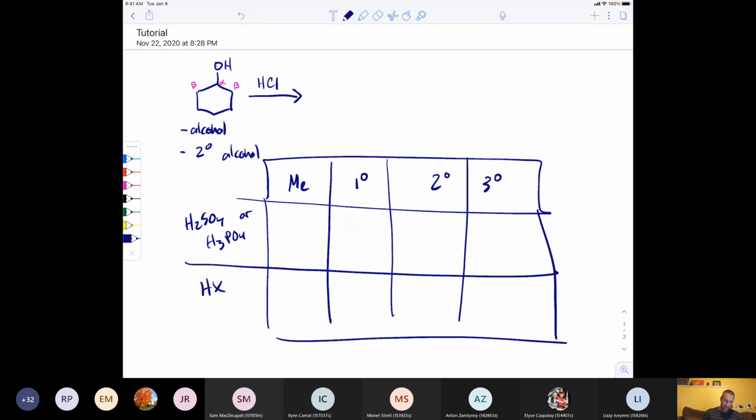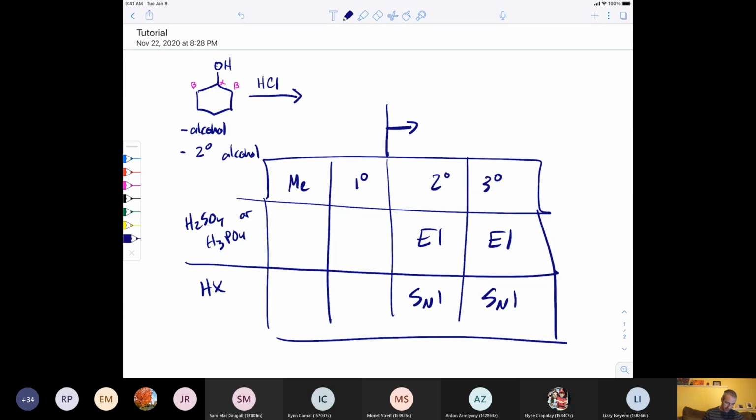In those cases, if it is secondary or tertiary, it's going to do a mechanism which involves a carbocation, which is SN1 or E1. Phosphoric acid and sulfuric acid are both E1, and HX would be SN1, because the anion from HX, Cl minus or Br minus, is a good nucleophile, so they do SN1. Methyl and primary can't do that because they can't form carbocations.